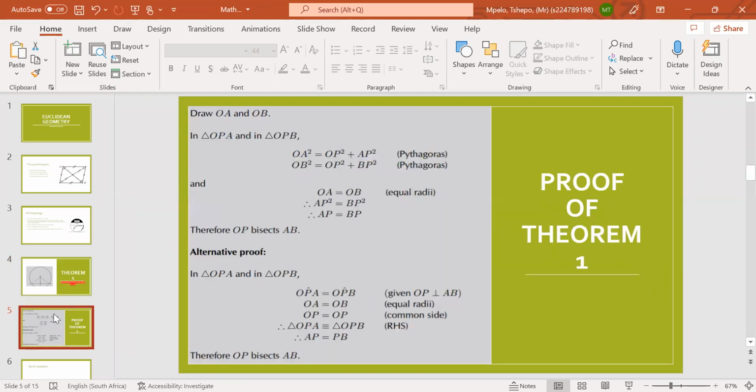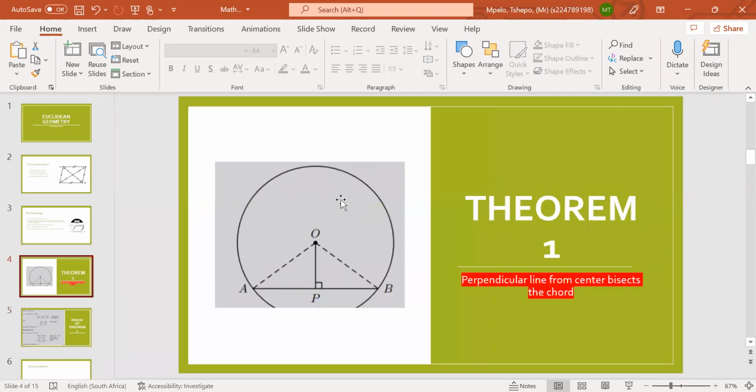For theorem 1, is it always going to be like that? Radius, common angle, and then 90 degrees. Yes, the proof will always be like this. The only thing that will change is the labels. Obviously they may use different letters instead of AP and BP to prove they are equal.